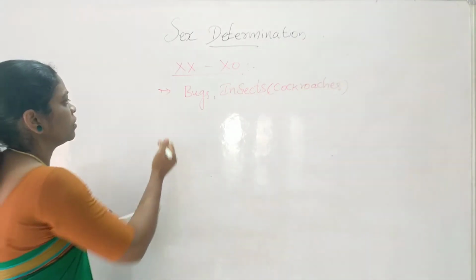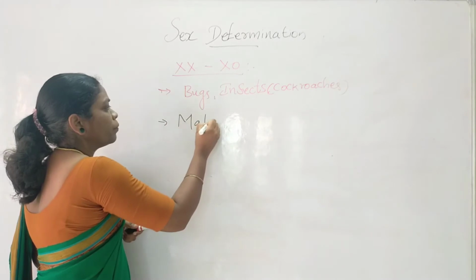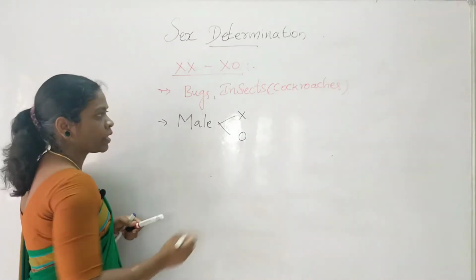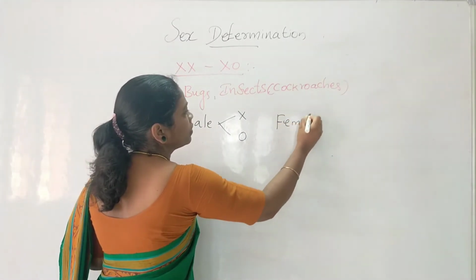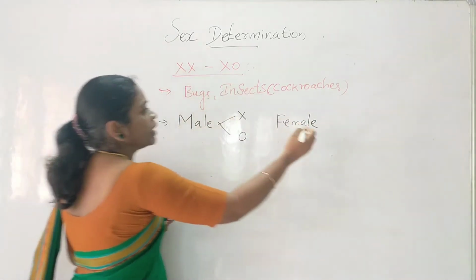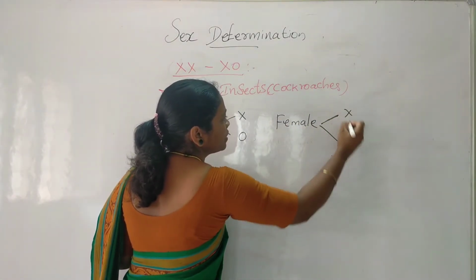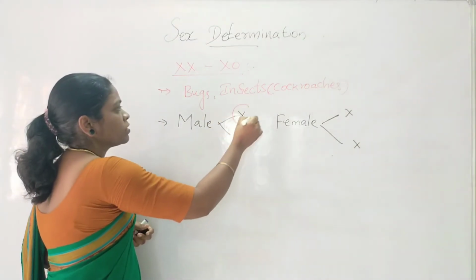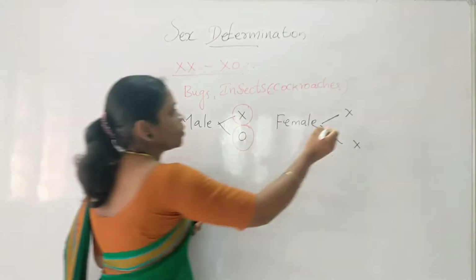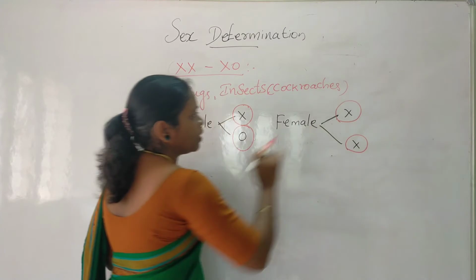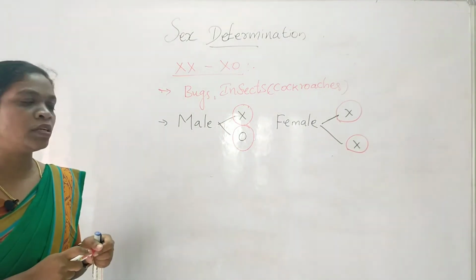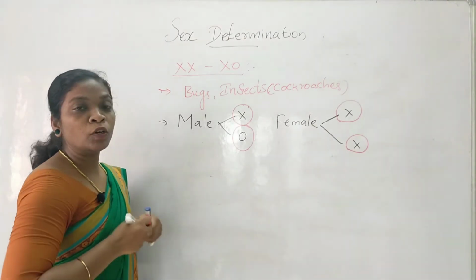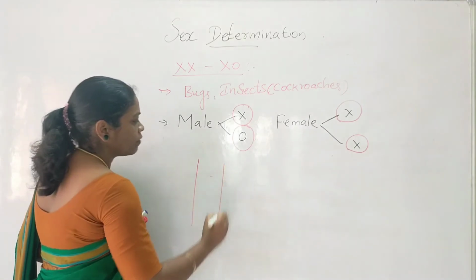Here the male produces two different types of gametes, one is X, another one is O. Female produces the same type of gametes, that is X and X. So the male will produce two gametes, one with X, another one without X, and the female produces two gametes which are the same, that is why they are known as homomorphic sex. So what happens here, if you draw a Punnett square so that you can understand very easily what is the offspring ratio.